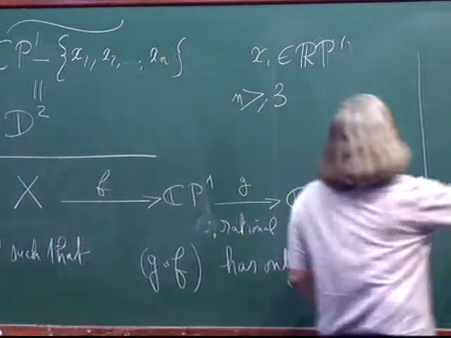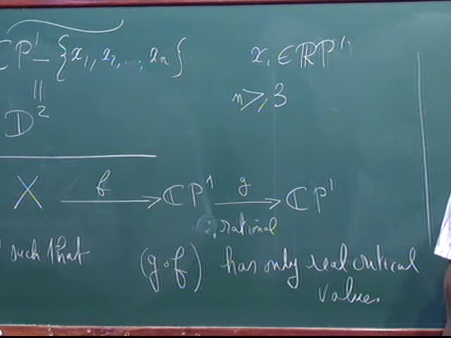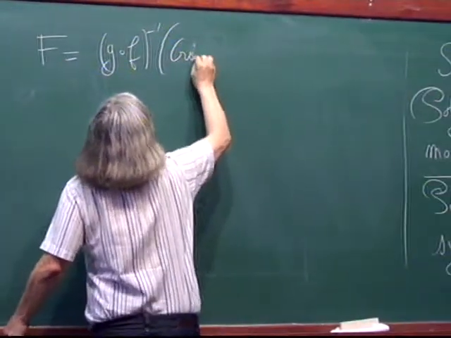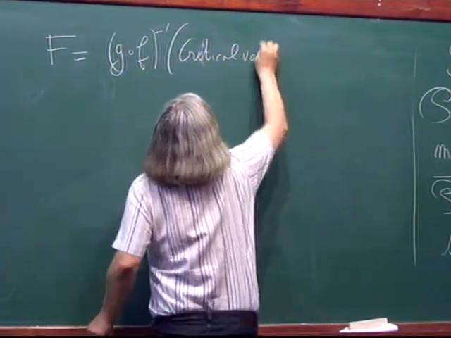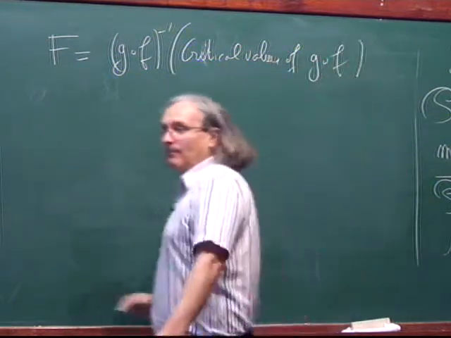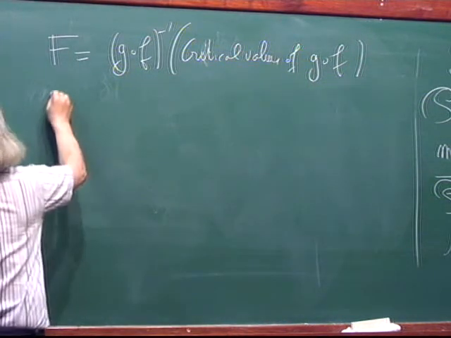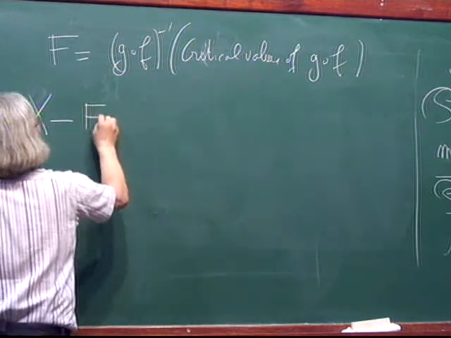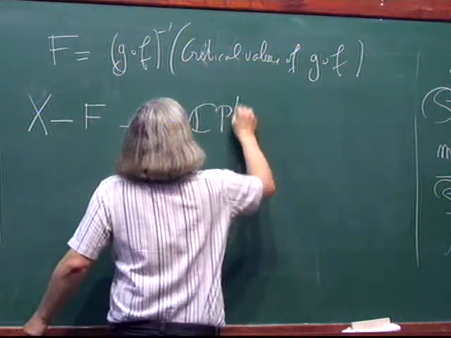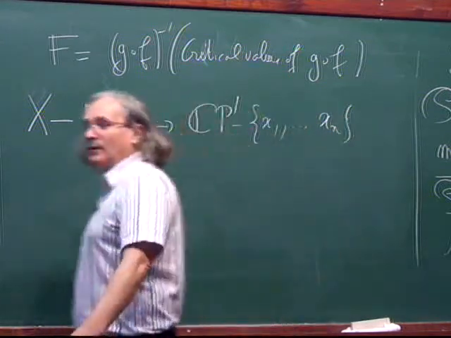So you will define F to be the inverse image of the critical values of G composed with f. In this way, you get a map from your algebraic curve minus F to the Riemann sphere minus a certain number of real points.